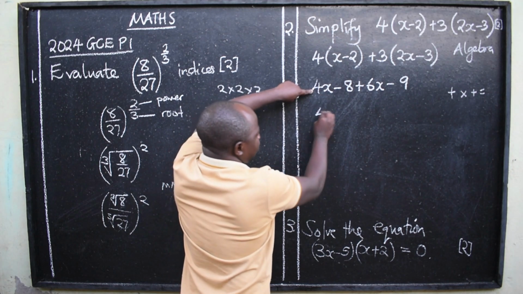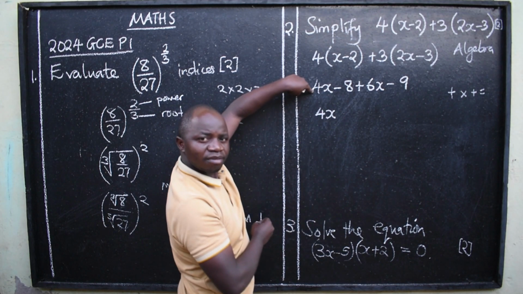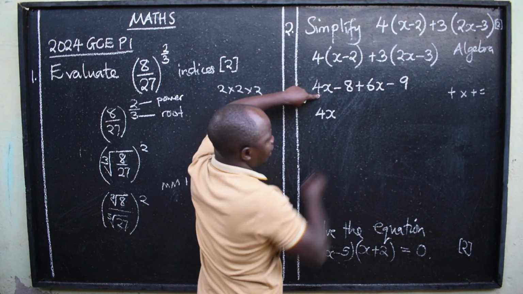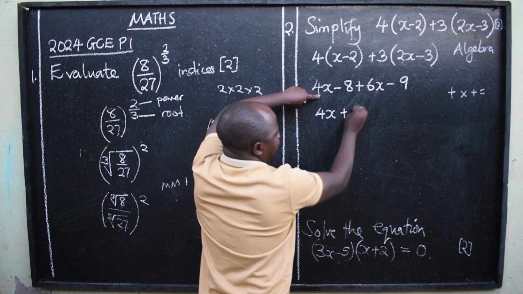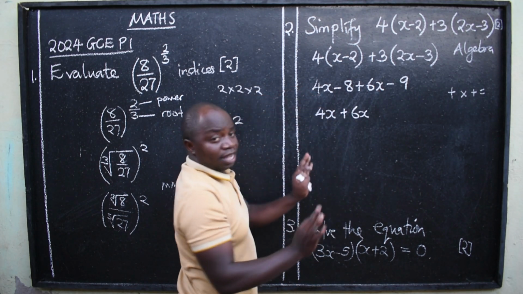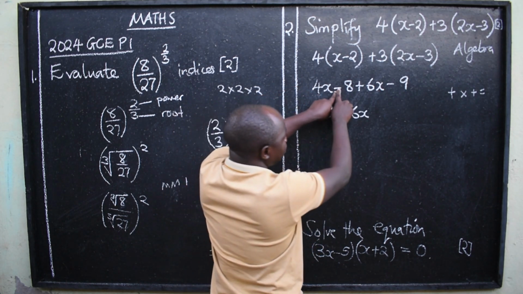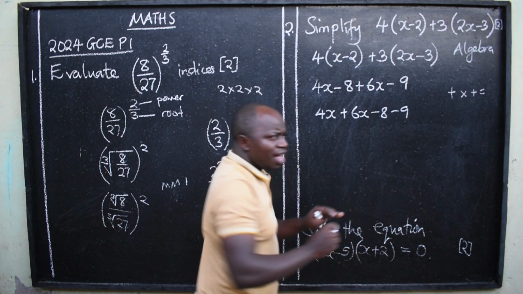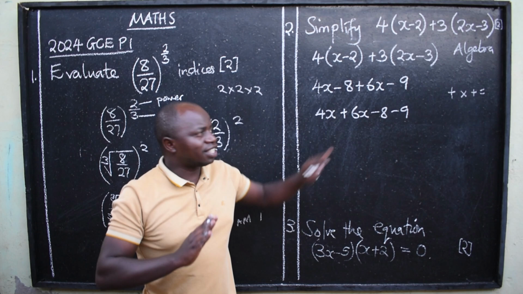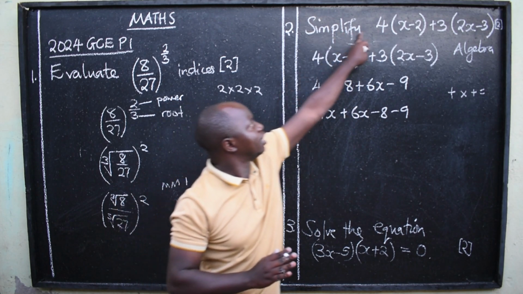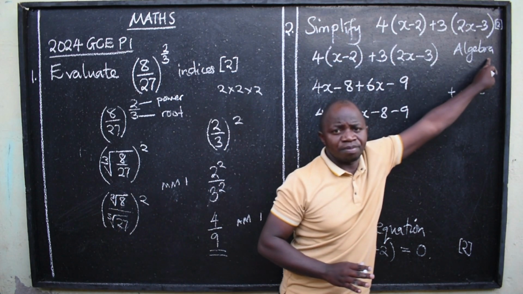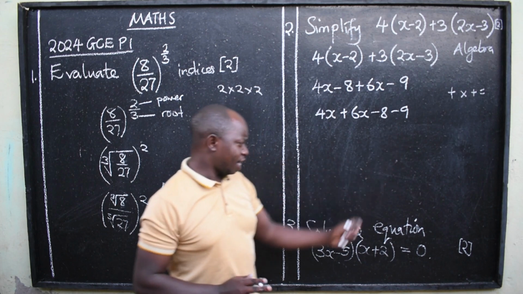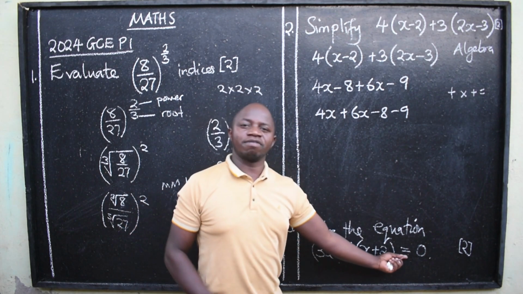So for 4x here, I've got 4x, another pair here, plus 6x, done. Then those without x, we have minus 8, minus 9. There is no change of sign when you are dealing with simplification in algebra. No change of sign the way it may be when you have an equal sign.